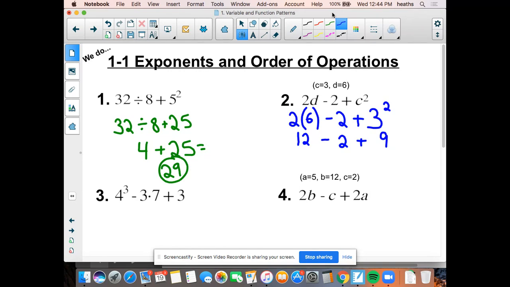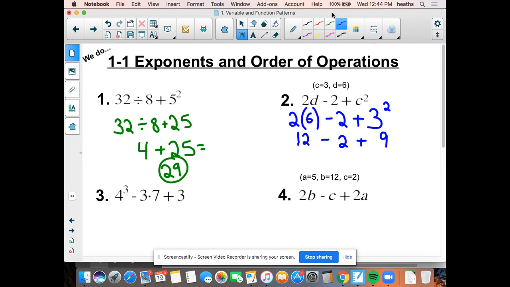Let me slow down. We went through parentheses, exponents, multiplication, and there wasn't any division, so we can say we covered that. Now we're on to adding and subtracting, and notice that we have a minus and a plus in this problem. But remember, addition and subtraction are both done at the same time.